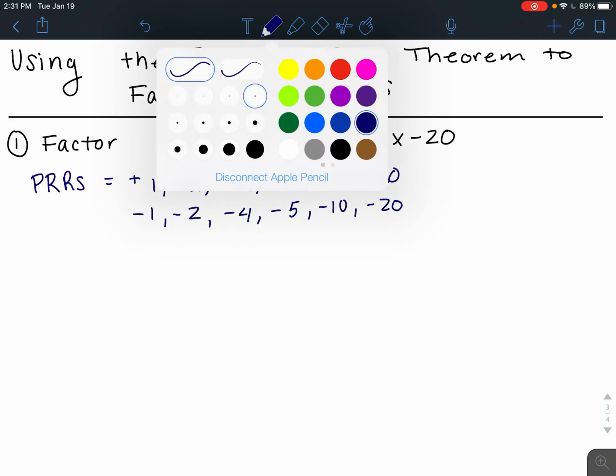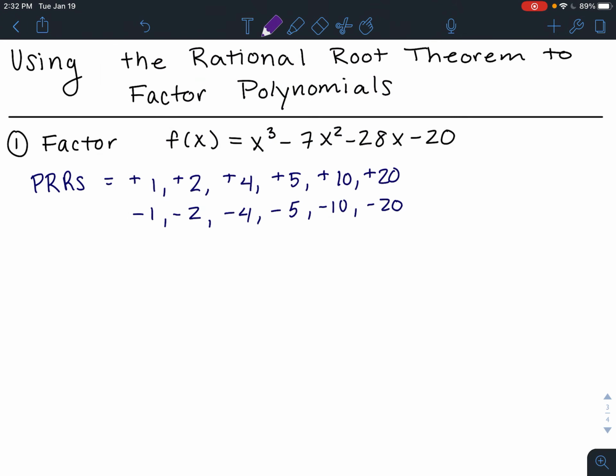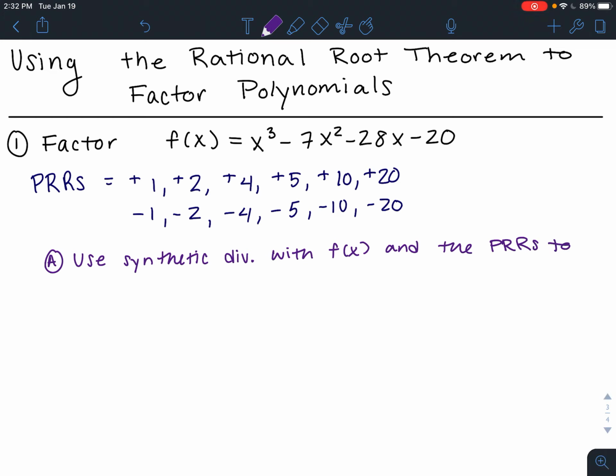So step 1, or step A, I guess I'll use, is you want to use synthetic division with f of x and the PRRs to find a factor. Right, and that means that there's no remainder, a remainder of 0.